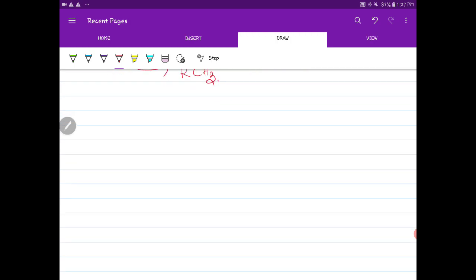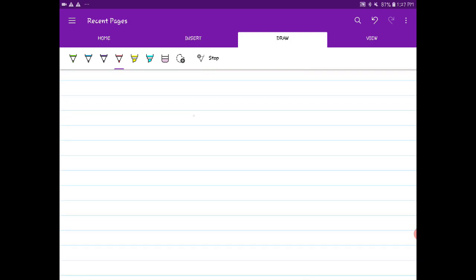So let's see how we could convert RCHO to RCH3. Actually, this could also be read as getting rid of the functional group. So here the carbonyl group is getting converted to a CH2 group.